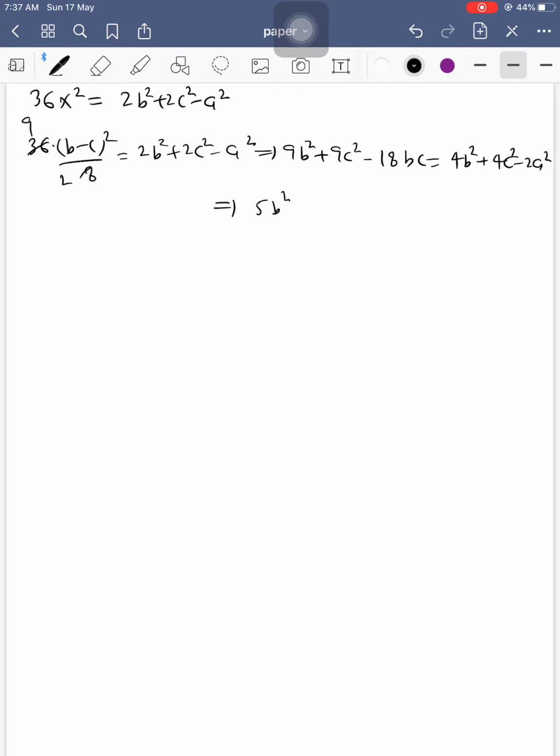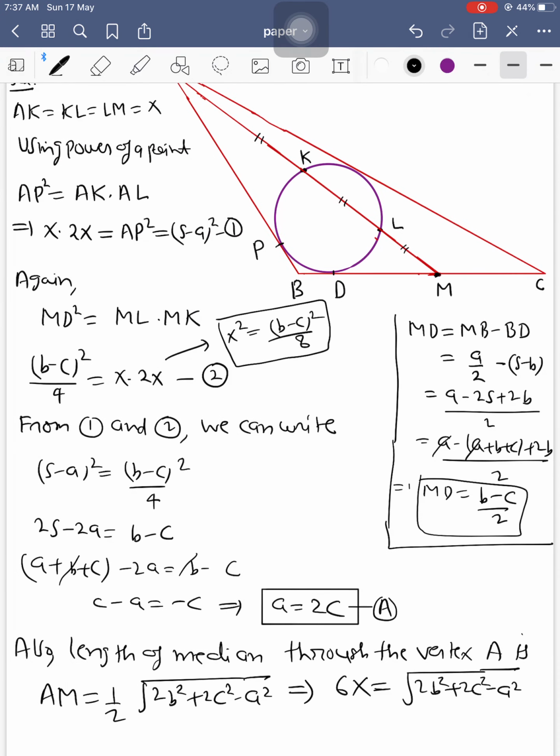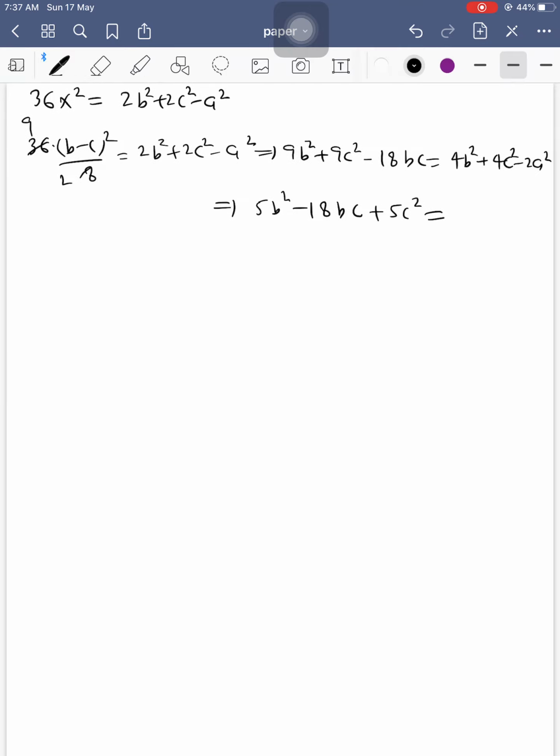This will imply 5B square minus 18BC plus 5C square equals minus 2A square. And A is what? A is 2C. Therefore, this term becomes what? 2 into 4C square, minus 8C square. Finally, we can write 5B square minus 18BC plus 13C square equals 0.